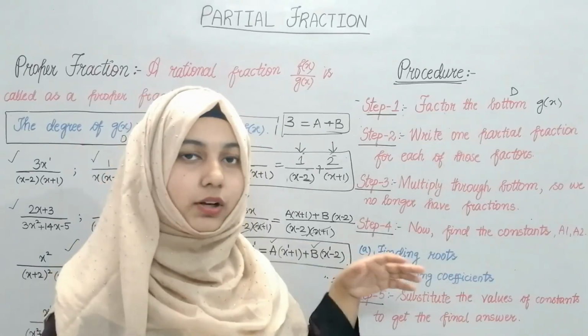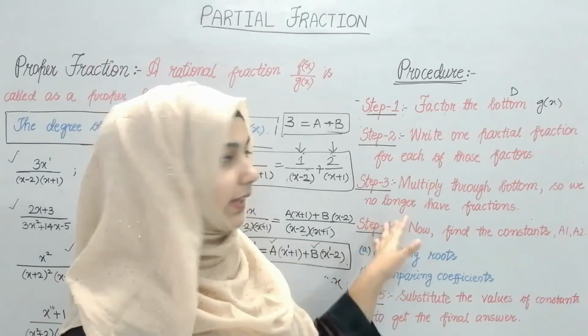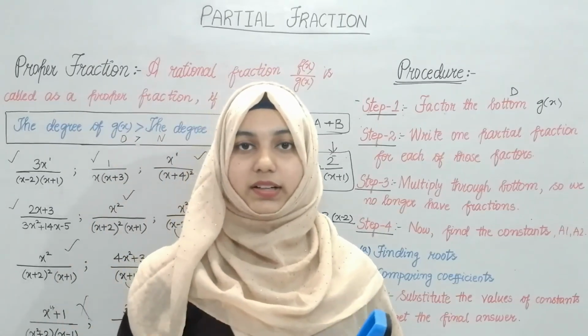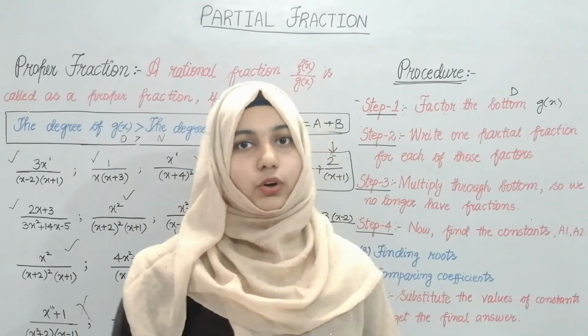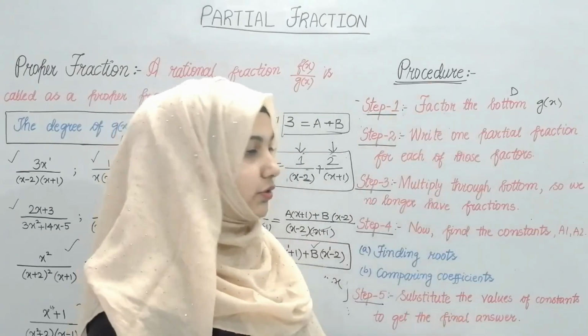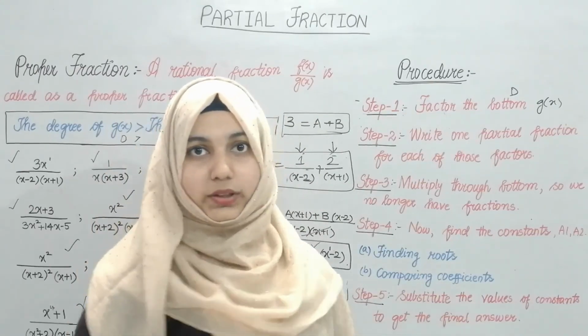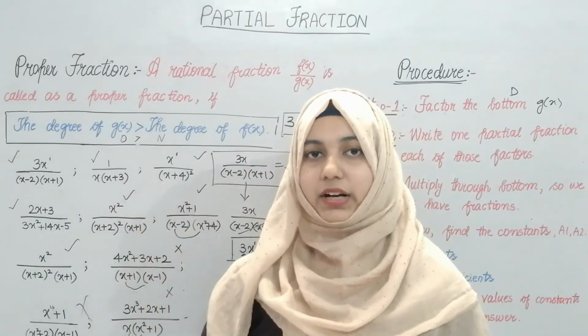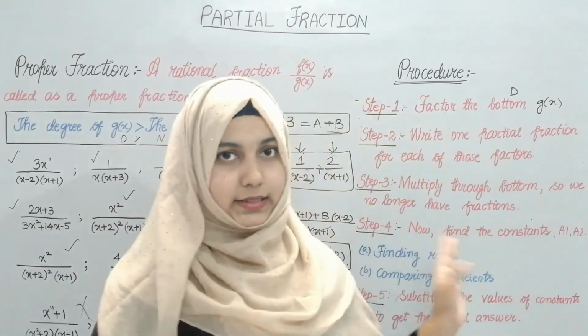This method and procedure is for all the types. In the previous video we saw the types, type 1, type 2, type 3 and type 4. For all the types, this is the common procedure, be it a proper fraction or an improper fraction.